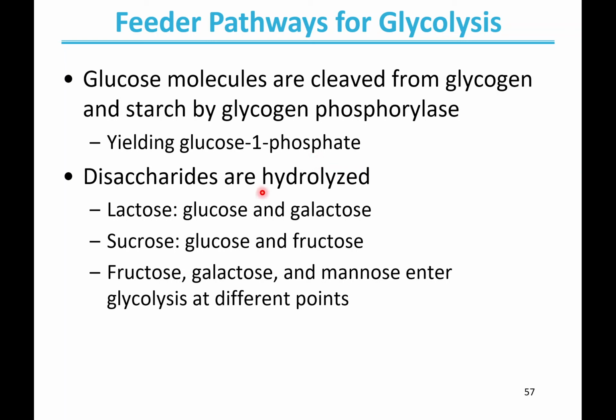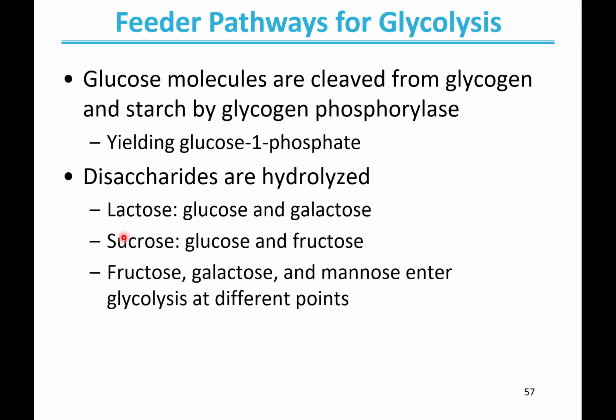Disaccharides are also feeder pathways for glycolysis. Disaccharides can be hydrolyzed, and you get out the two sugars. Lactose is a disaccharide made up of one molecule of glucose and one molecule of galactose. The glucose molecule can go straight into glycolysis. The galactose needs to be altered or go in at a slightly different point.